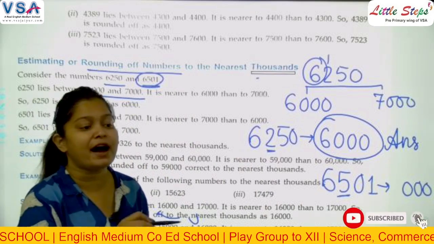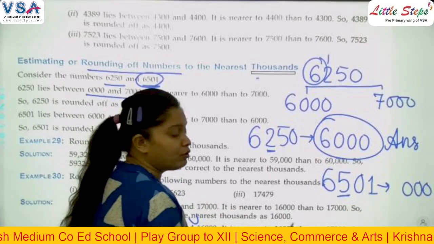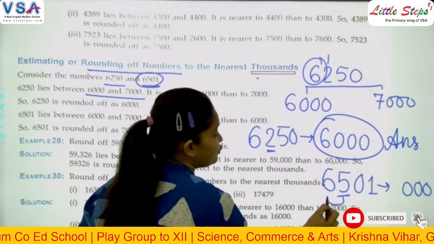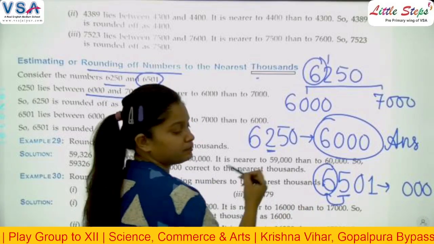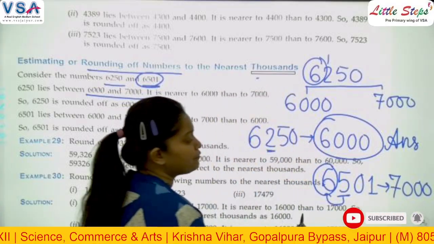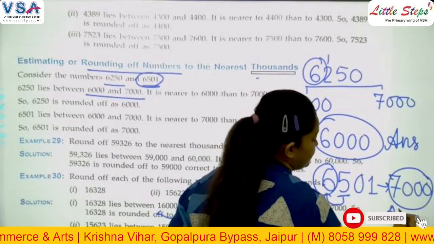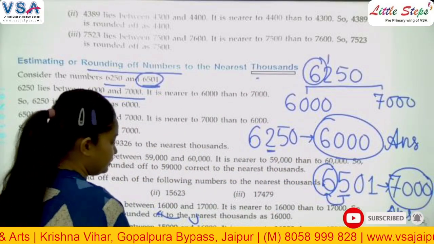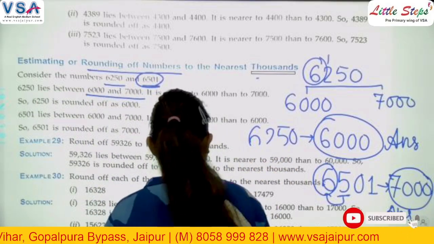I told you 5, 6, 7, 8, 9 are the greater numbers. We have to increase the number by 1. It will become 7. So the round off of 6,501 is 7,000 and this is the answer. Is it clear? Let's move on to the next example so that you understand more.